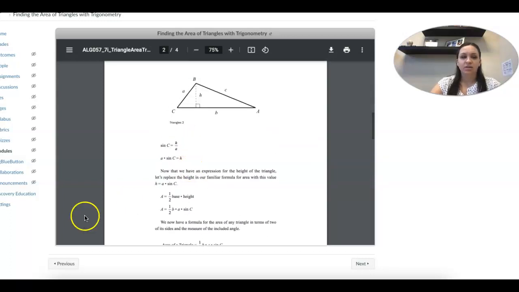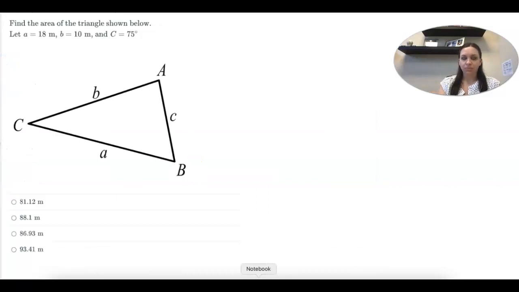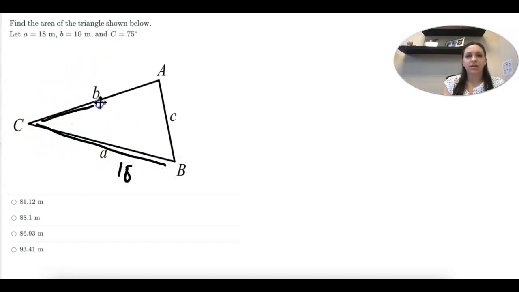What that means is when we have a triangle and we have two sides, so A is 18 and B is 10, we need to use the angle that those two sides make. So we would use angle C, which is 75.